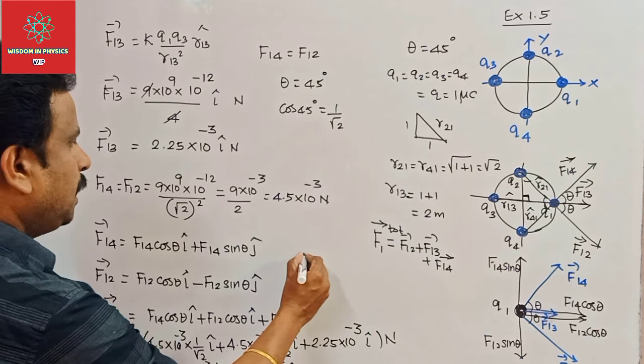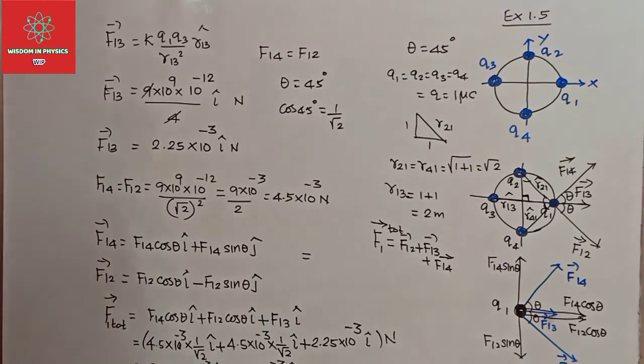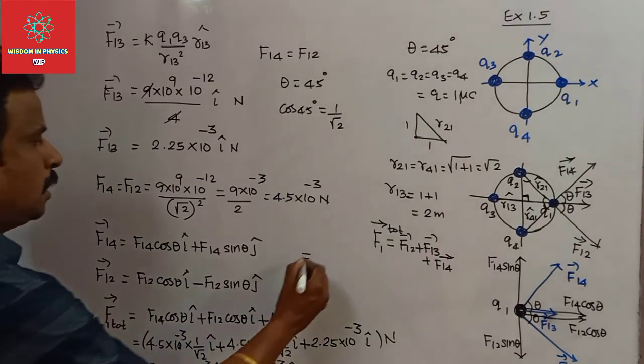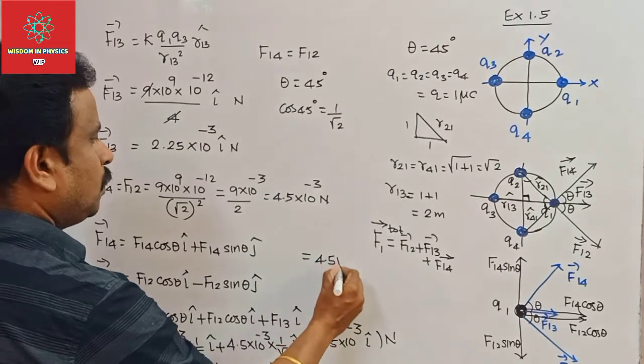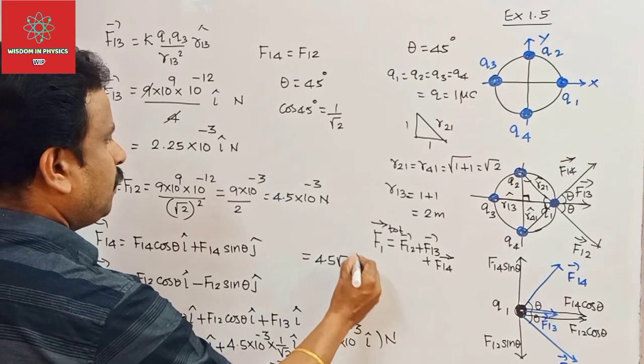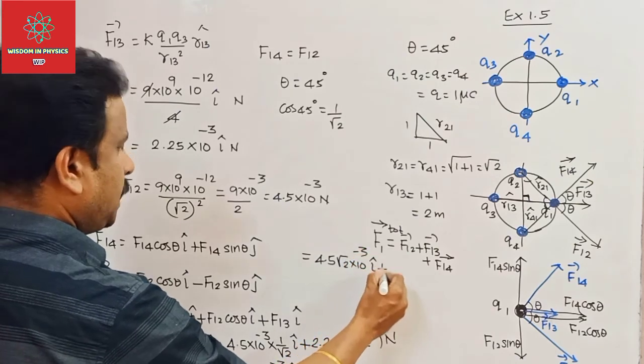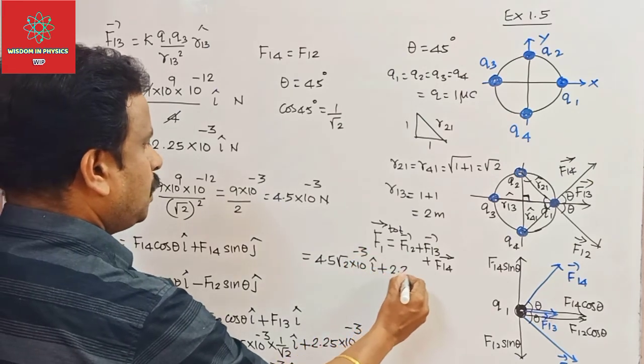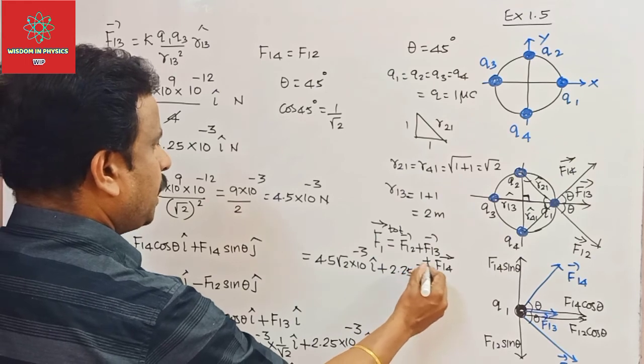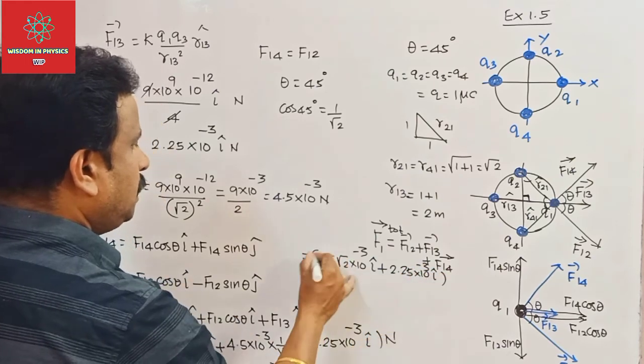Then finally, this 2 can be written as root 2 into root 2, so one root 2 will be cancelled. So 4.5 root 2 into 10 to the power of minus 3 I cap plus 2.25 into 10 to the power of minus 3 I cap Newton.